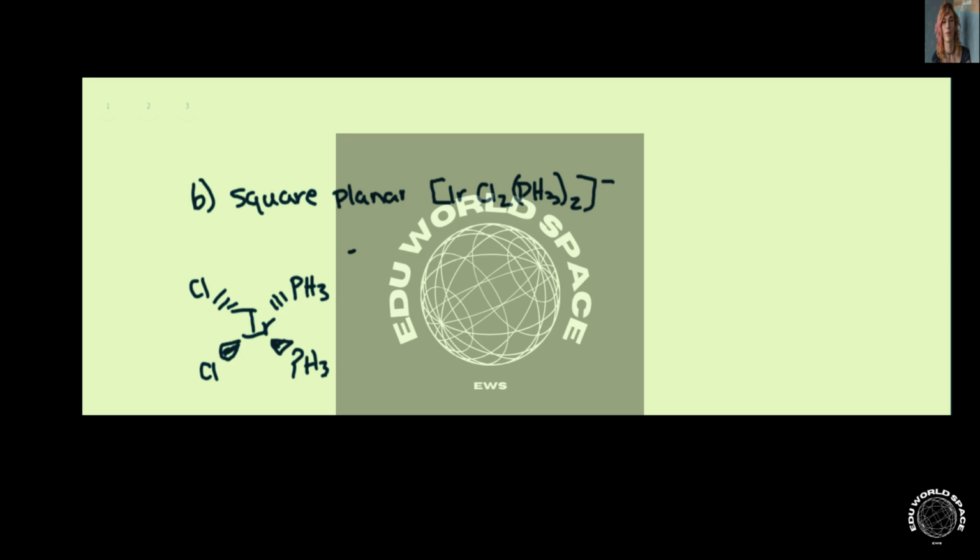Now, with the square planar molecule, you could imagine if this is your cis complex, you can have a trans isomer where you have Ir, this Cl, PH3, but now you have PH3 on this side, you have the Cl on this side.